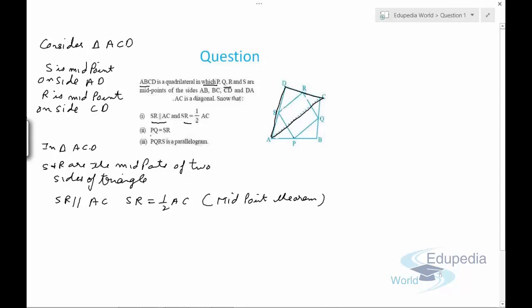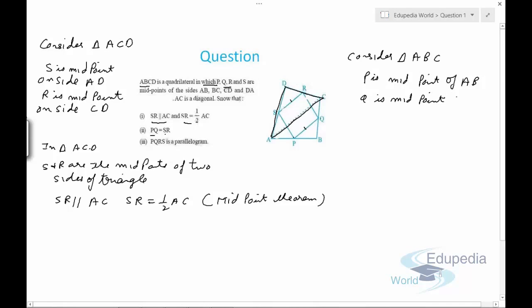The next part is PQ is equal to SR. So we need to prove that this equals this. Again, if you consider triangle ABC, in this triangle P is the midpoint of AB and Q is the midpoint of BC. So again we can say that the line joining the two midpoints of two sides of a triangle is parallel to the third side and it is half of the third side.